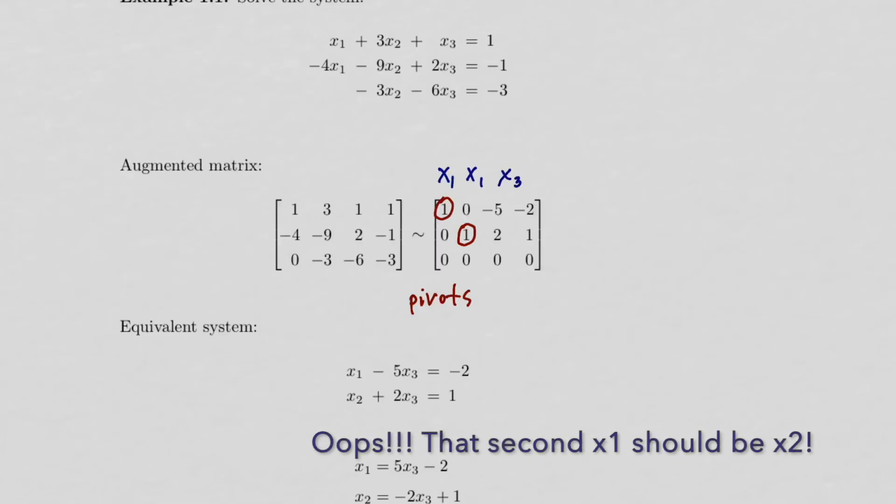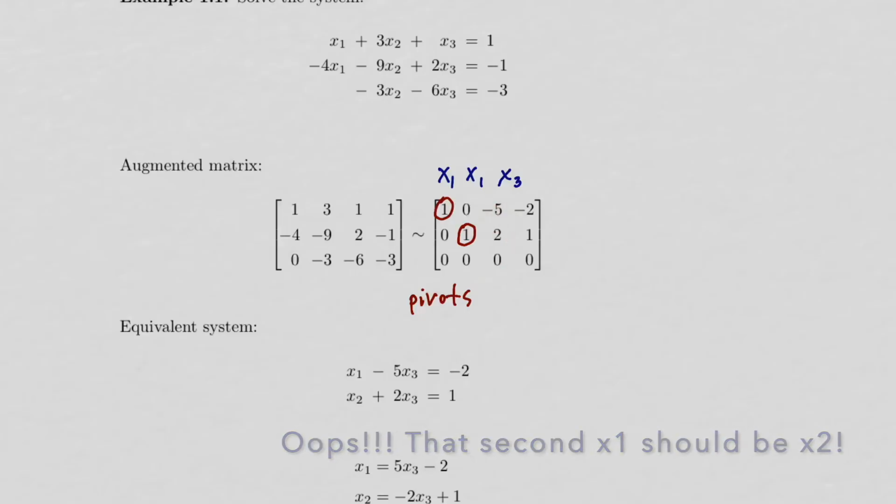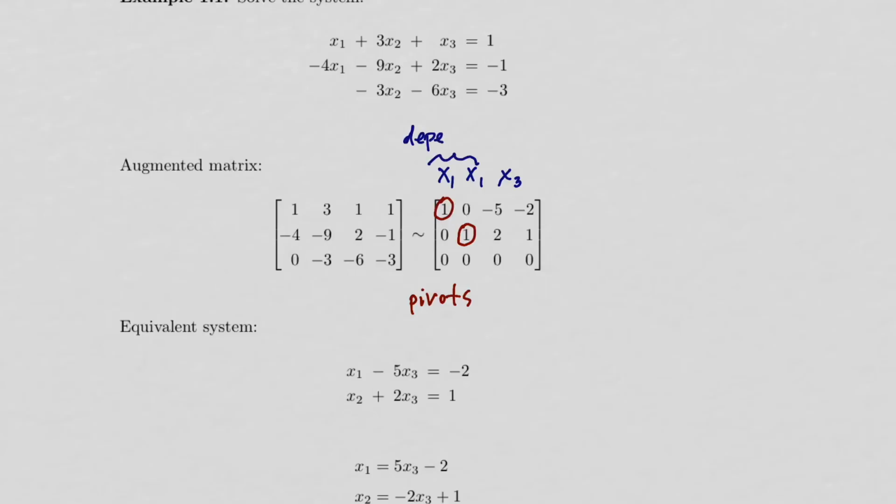And in this case, since x3 does not correspond to a pivot, it's not a pivot column, x3 is free. So we can label these two as my dependent variables, and x3 is free. And we'll see how that works in a minute.